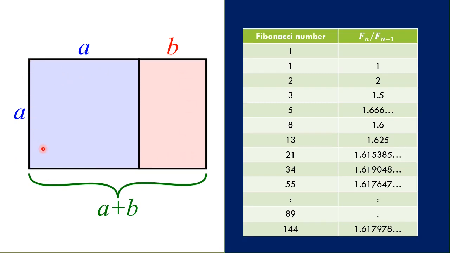I have here a square A, and then a rectangle with lengths B and A. Therefore this side here is A plus B, this is A. Meaning, what we're doing there is dividing A plus B over A consistently, continuously, right?